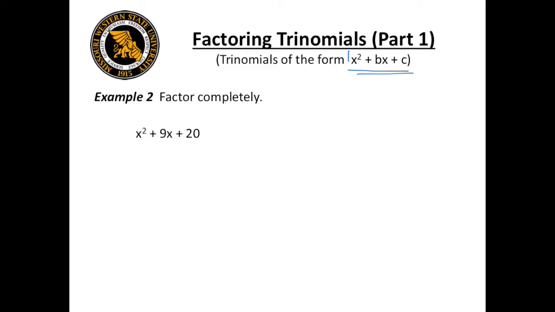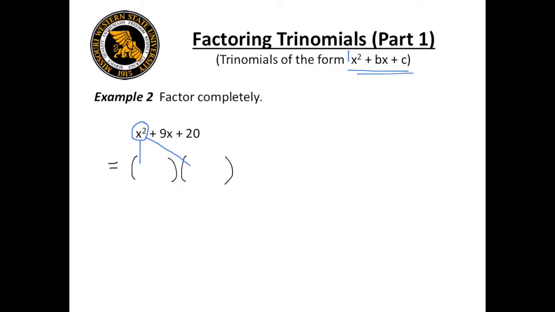If this trinomial factors, it will be written as a product of two binomials. Based on our observations in example 1, we know that the factors of x squared will go in the front of each binomial.